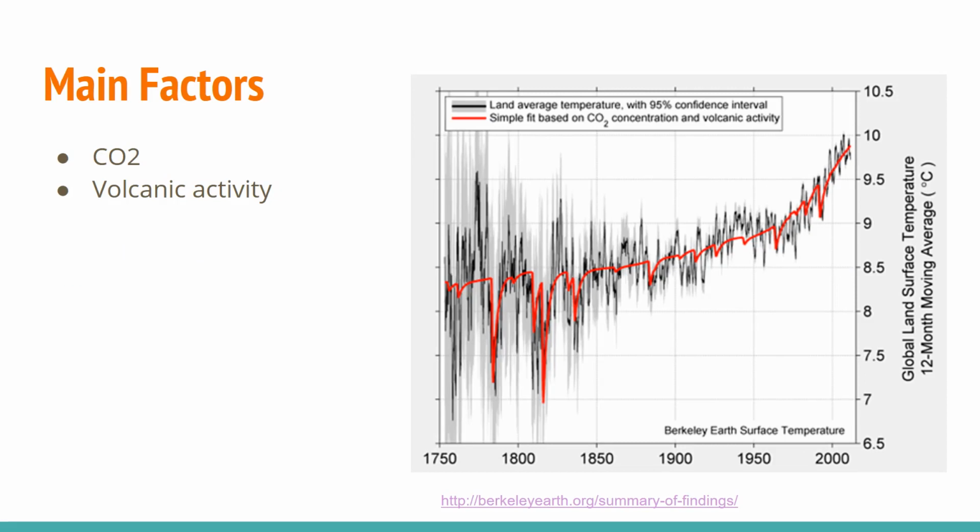So there are other factors, for example, volcanic activity. If there is a big volcano, then the volcano will cool down the Earth. If you look into history, especially at the beginning of the 19th century, 1816, there were huge volcano eruptions, and these eruptions cooled the Earth, and you see that is a really strong effect, about 1.5 degrees Celsius.